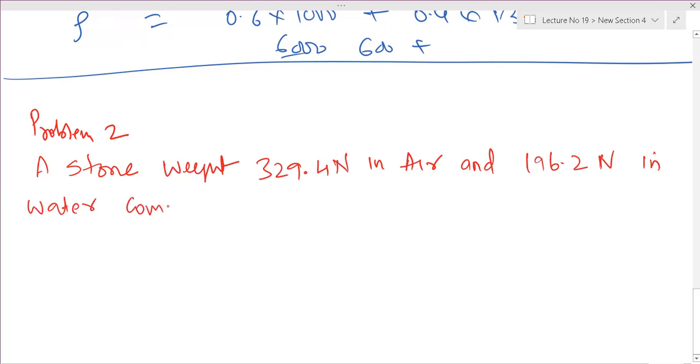Compute the volume of the stone and its specific gravity.